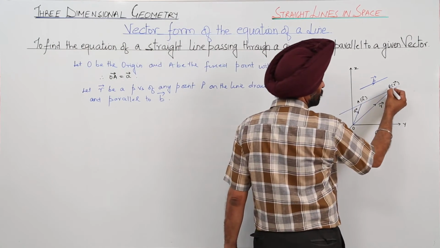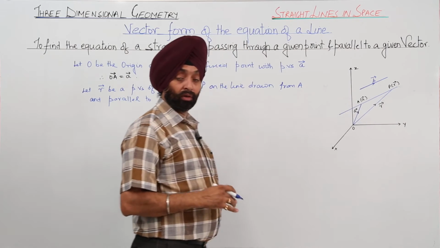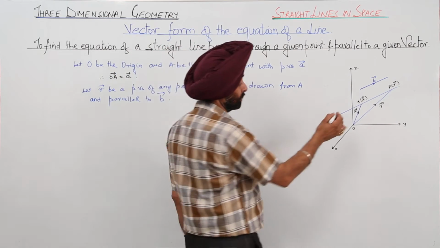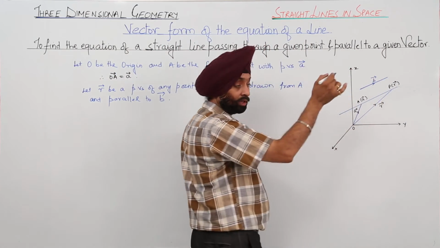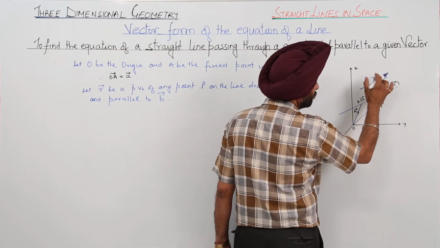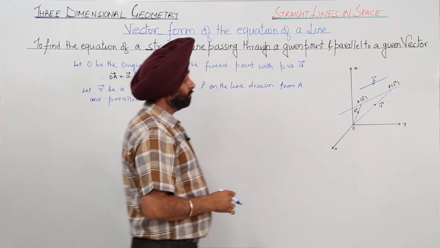This point is P. P is any point on a line drawn through A, drawn through this A. Okay, and this is parallel to this line, this vector B.